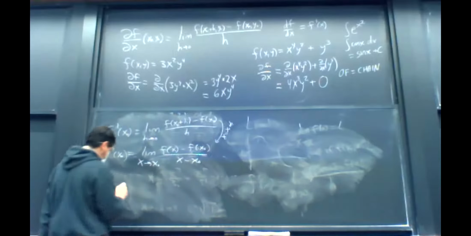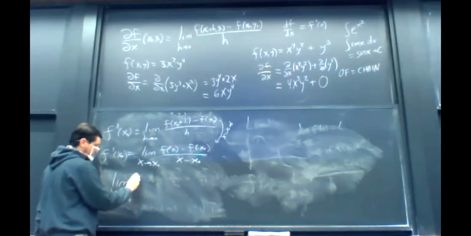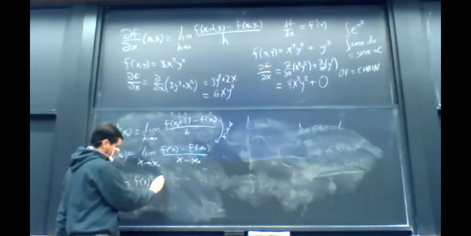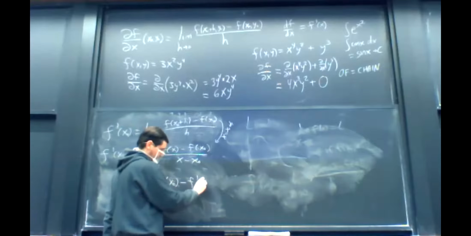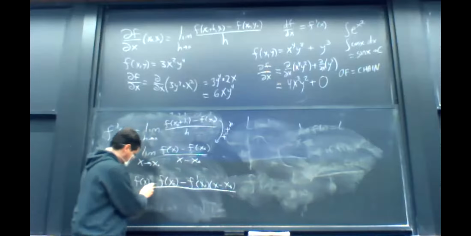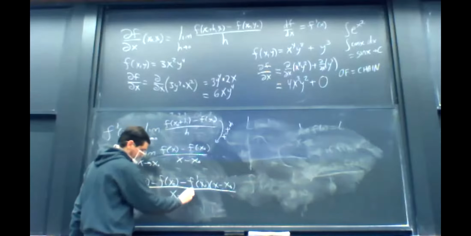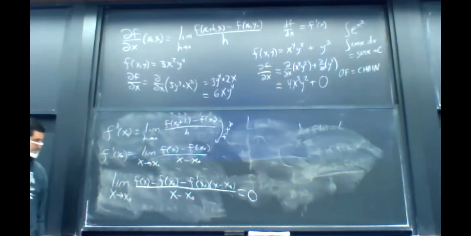Another way of looking at things is the limit as x goes to x naught of f of x minus f of x naught minus f prime of x naught times x minus x naught, all over x minus x naught, equals 0.